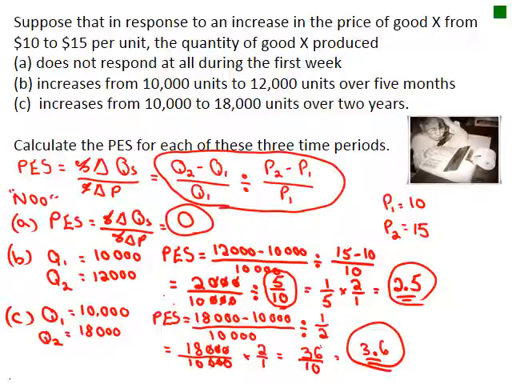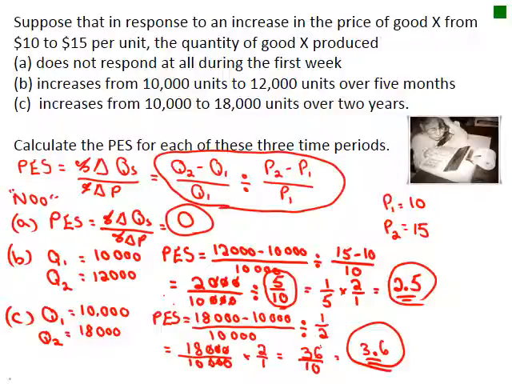And again, we don't have percentages here, so we have to think of our animal that makes the sound new minus old over old. So we know that's going to be Q2 minus Q1 over Q1. And we're going to divide by P2 minus P1 over P1.